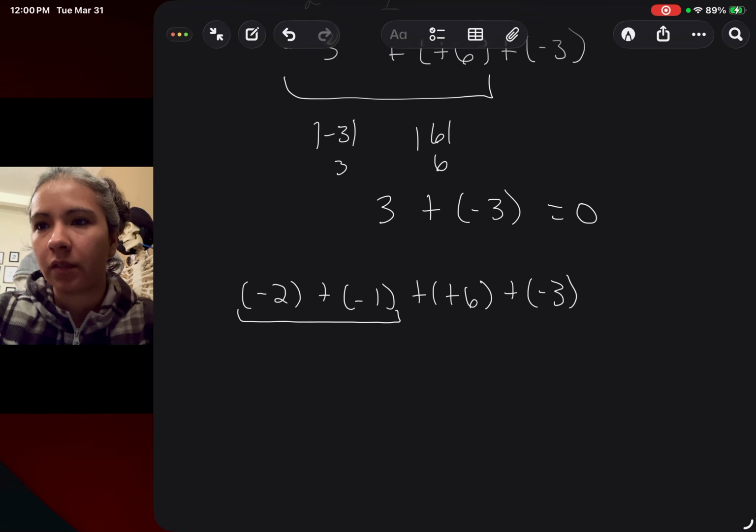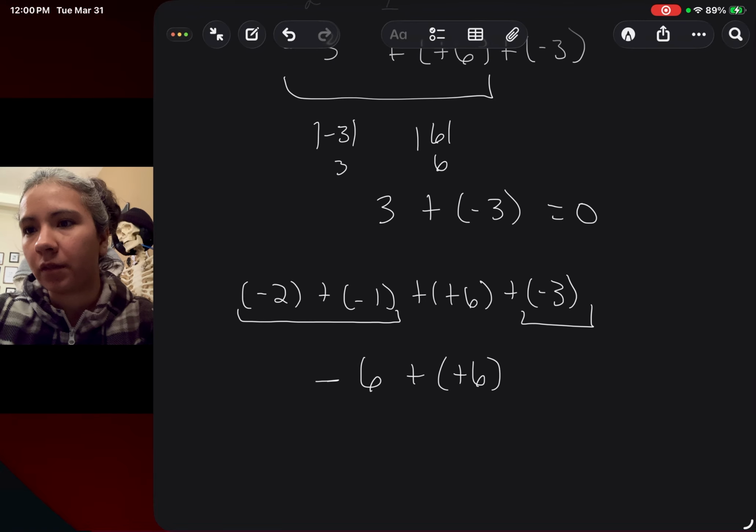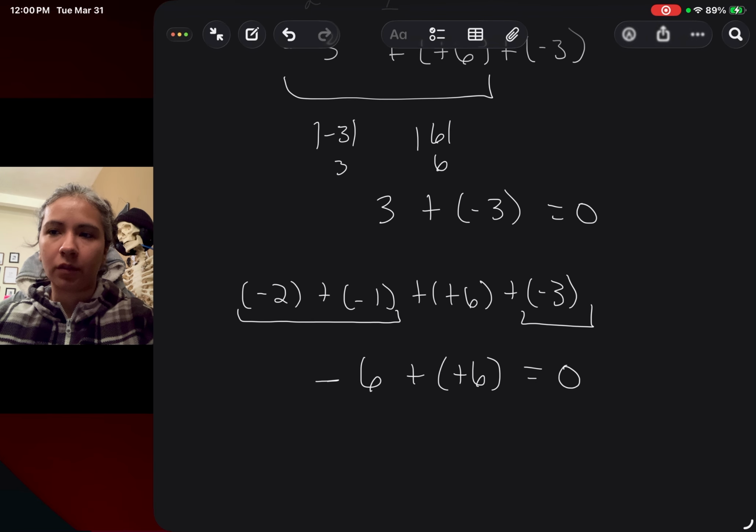So we can take all of these negative numbers and leave it negative. And 3 plus 1 is 4, plus 2 is 6. So that gives us negative 6 plus positive 6, which is still opposite signs of the same number. So it's still 0.